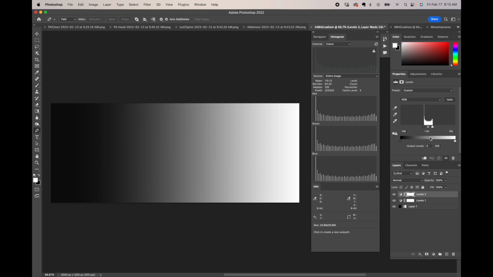And now you see the histogram has really bad combing, and we still have a smooth transition from black to white, even though you see all this combing in the data.